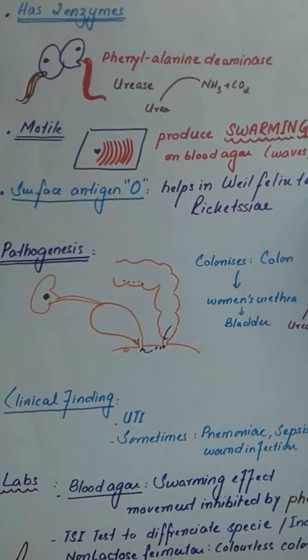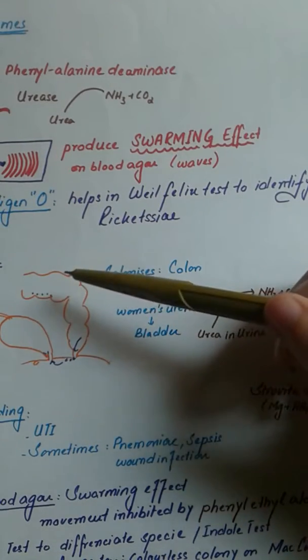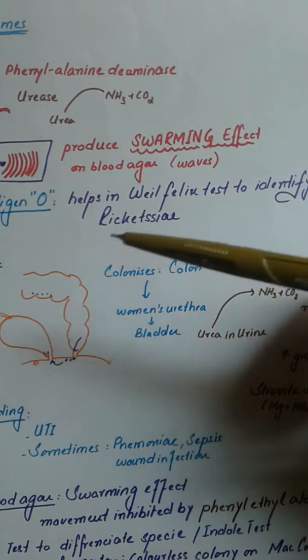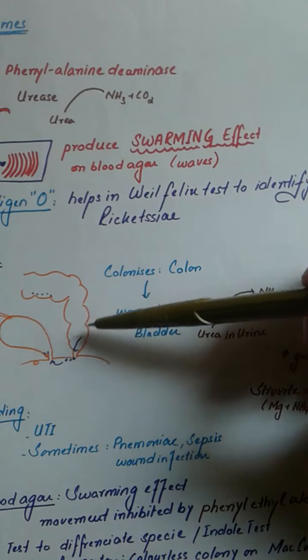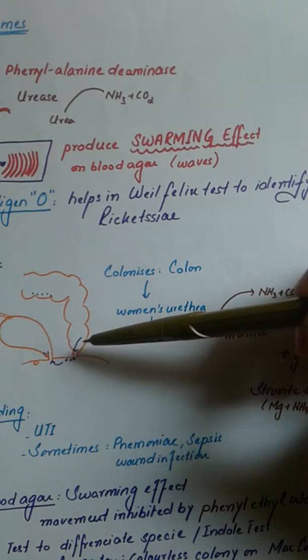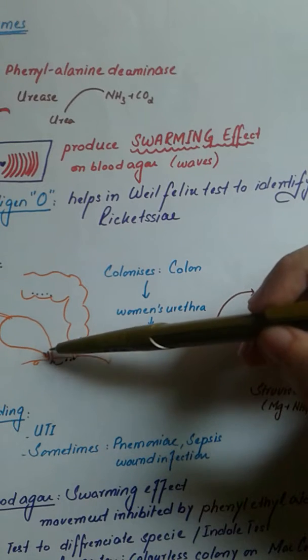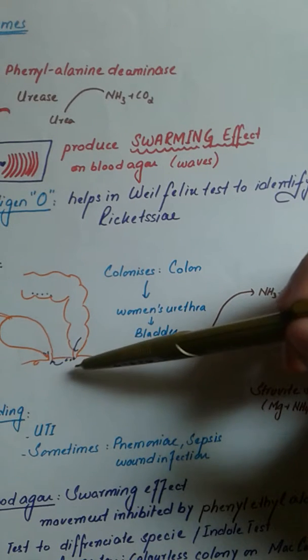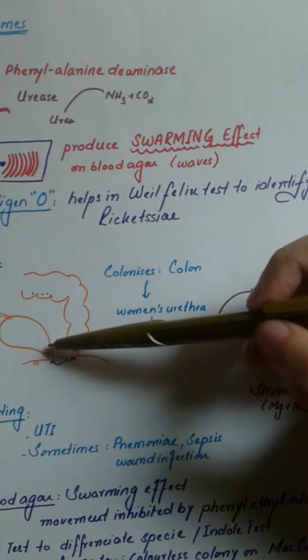Now, going towards pathogenesis, we know that this organism is present in the colon. From the colon it goes to the bladder and causes UTI. Whenever this is excreted with feces and you do not properly clean yourself, normally in women, because their urethra is quite short, this organism from the colon, rectum or anus goes towards your bladder.